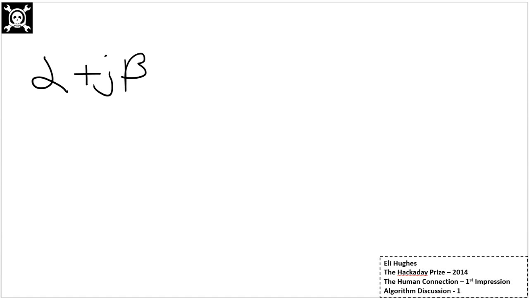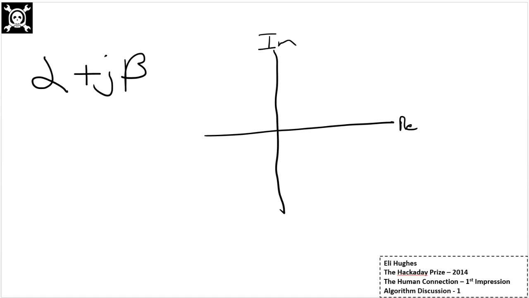And I drew this picture earlier on. Let me draw it again here. Let's say we have an axis, and we have the real and then we have the imaginary axis. And we're going to stretch it out in time here. And I apologize once again, my 3D drawing abilities are not that good.